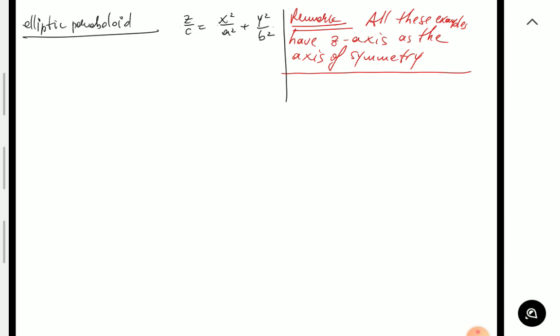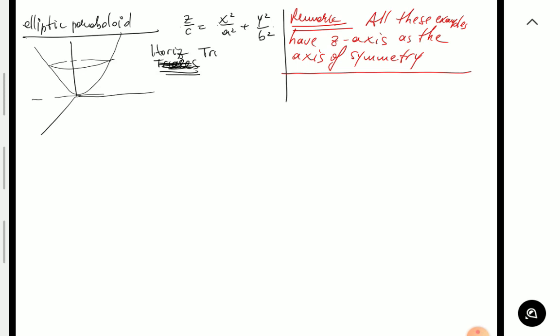So the rough figure of it looks like this. Okay, traces, the horizontal traces, and at this point you should figure out yourself what the shape of each trace is. Sorry, this is kind of a mess here.